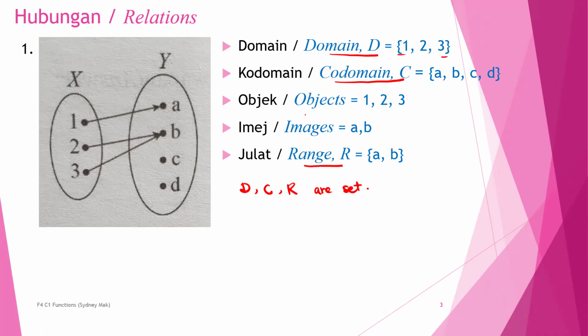But when the question asks for objects and images, you only write 1, 2, 3 and A and B without the curly bracket. If you write curly bracket wrongly, no marks for you. So be careful. Object and images just refer to the elements, so not in a group. Only D, C and R are sets, so you must have the curly bracket. No curly bracket for the objects and images. Are you okay?